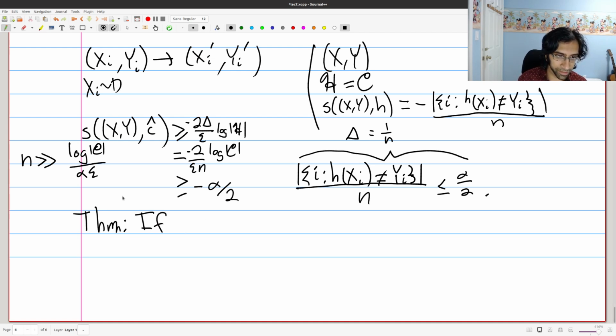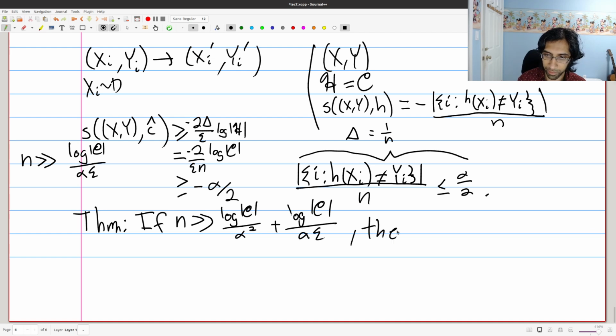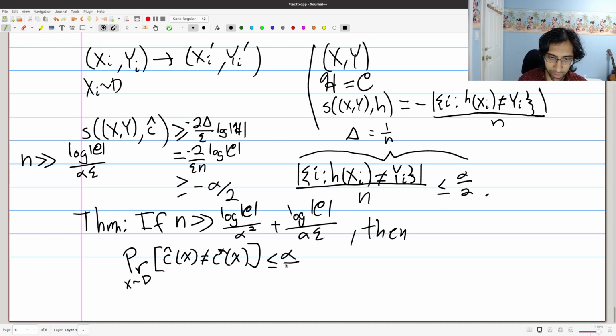If you take n to be sufficiently large, that is n is greater than log of size of C over alpha squared plus log of size of C over alpha epsilon, then the probability of making a mistake on a new sample is going to be bounded by alpha. Half of that comes from each of these two sources, overall giving a bound of alpha.